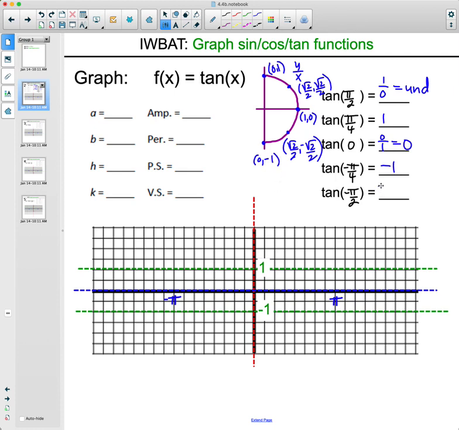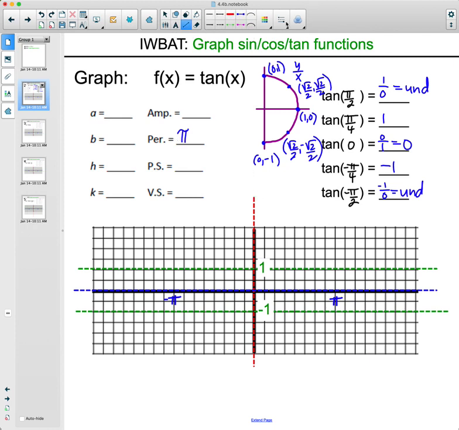So we're going to have negative 1 on top, 0 on bottom, which is again undefined. And then this is actually going to keep going on the other side. And so tangent's period actually just repeats itself every pi units or every 180 degrees. So the normal period for tangent is pi.